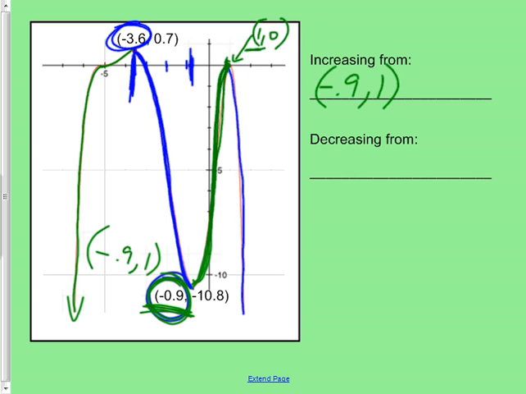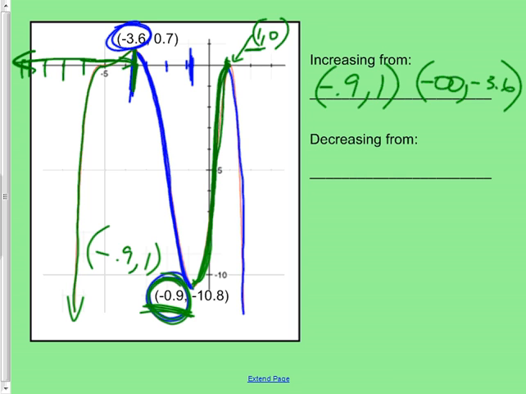From negative infinity, because it starts way over there, up until it hits here, which was negative 3.6. Remember, it's the x numbers. And x is going to negative infinity if I keep going that direction. So basically from the beginning of time until negative 3.6, it was going up.